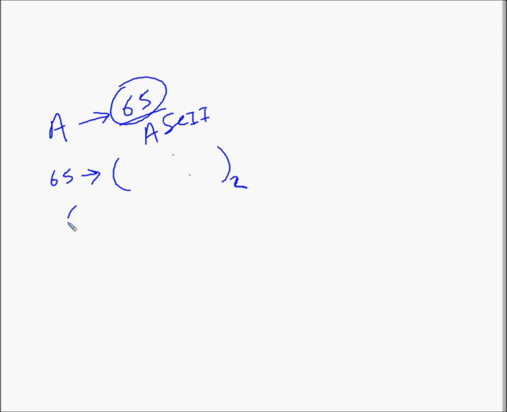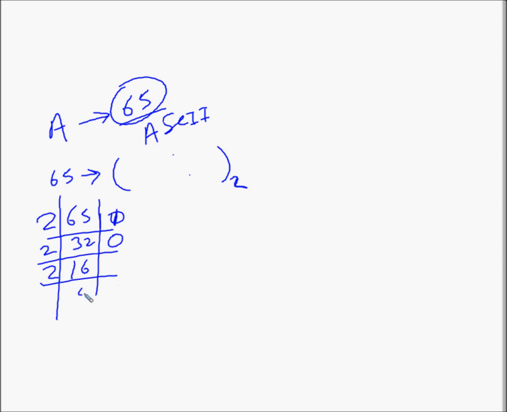How can we find the binary number? Look here, 65. It is a 1 for 64, then 0 for 32, 0 for 16, 0 for 8, 0 for 4, 0 for 2, and then 1.